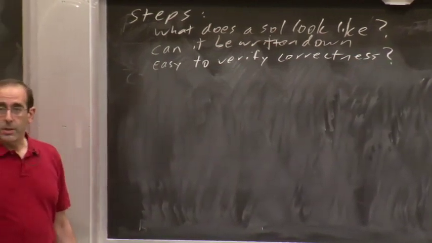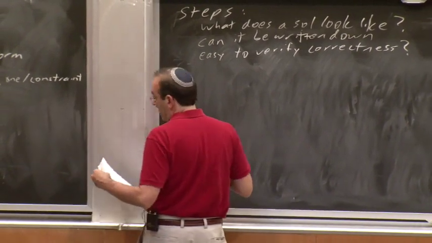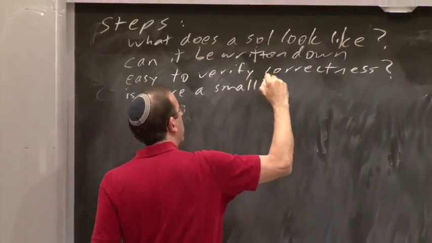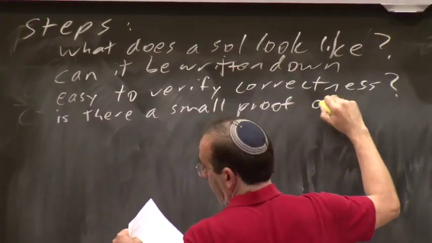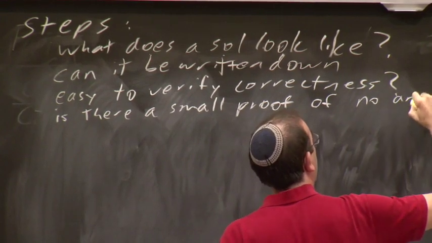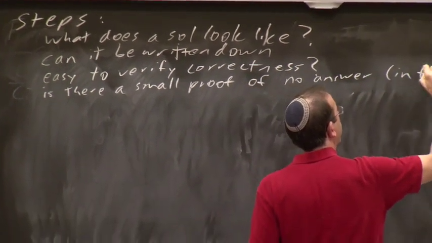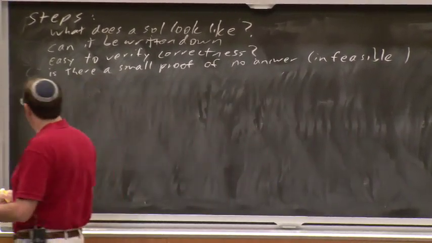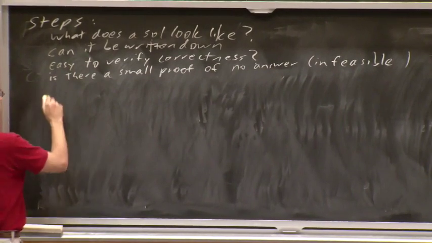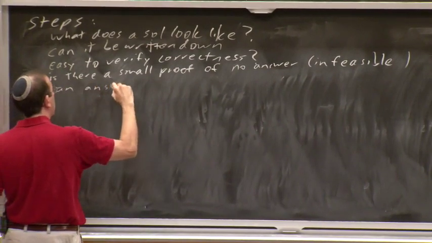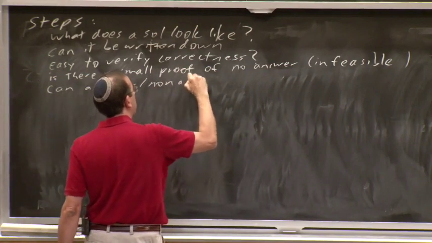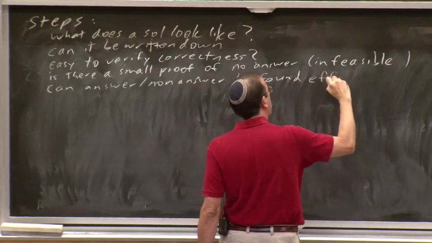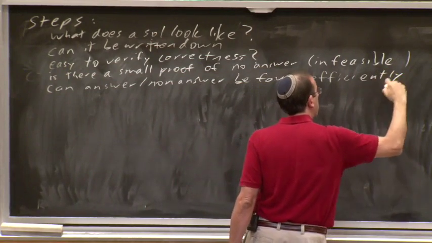And the converse of this: verifying correctness is one thing, but is there a small proof of having no answer? That is infeasibility. And only after we've looked at all of this will we ask the question of whether the answer or the non-answer can be found efficiently.